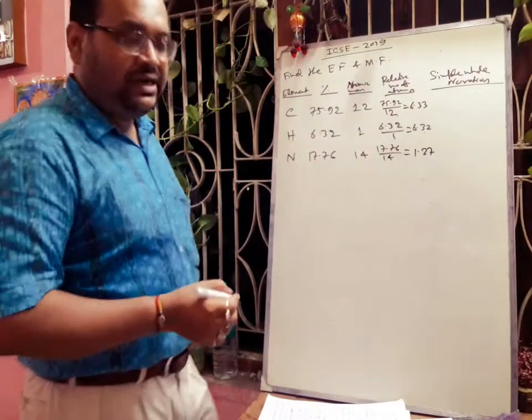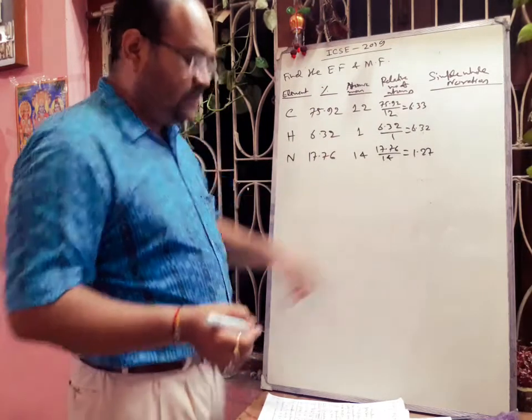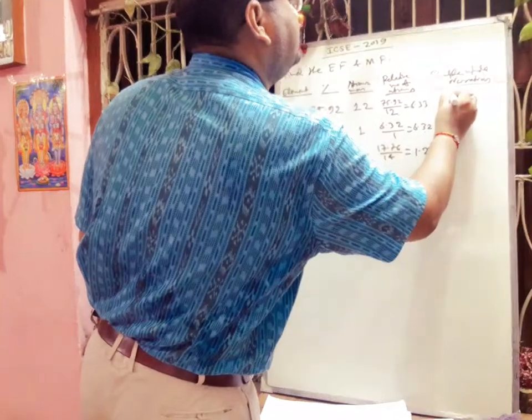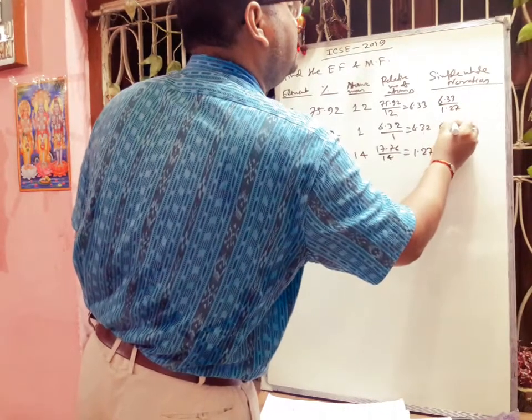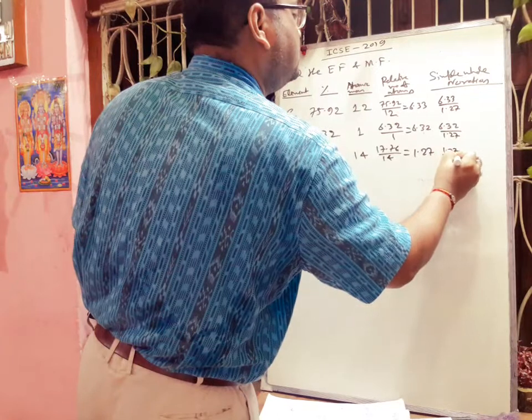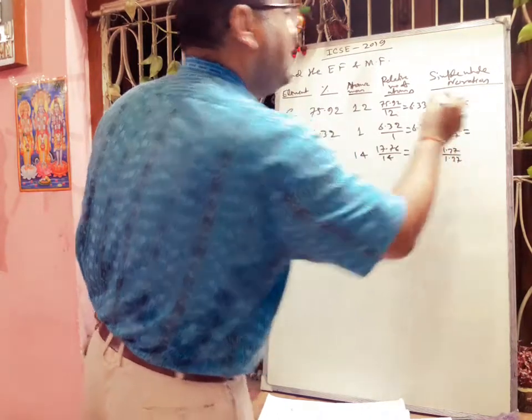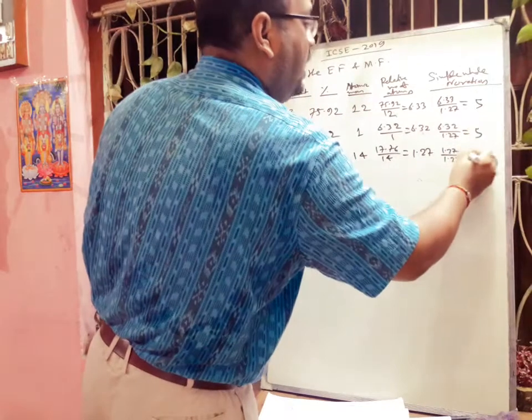Now we have to calculate the simple whole number ratio. So here which one is the minimum? 1.27. So we have to divide each term by 1.27 to get the whole numbers. In case of the first, if we calculate, it will come as around 5. The second is also 5 and the last will be 1.